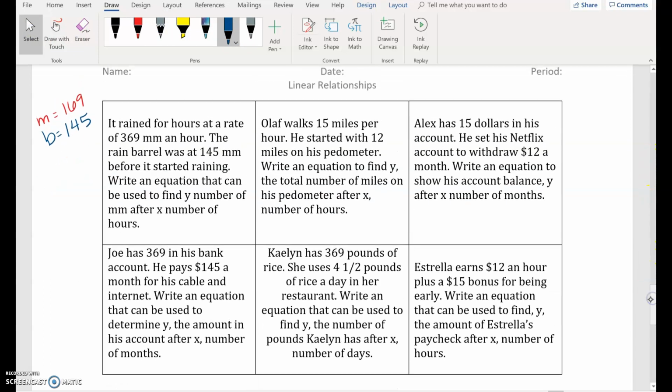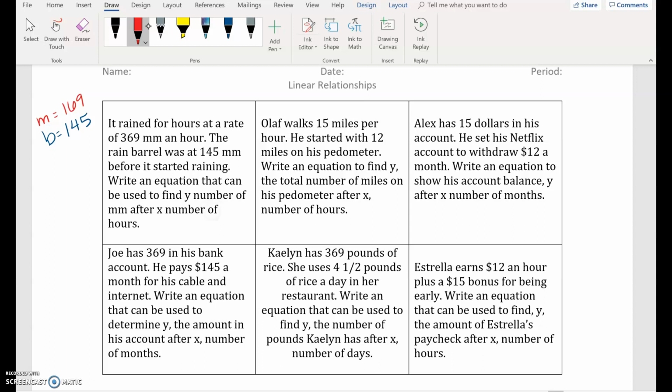So let's see. This first one. The numbers that match the scenario for the most part are these first two. I see 369 and 145. Let's try them. It rained for hours at a rate of 369 millimeters an hour. The rain barrel was at 145 millimeters before it started raining.